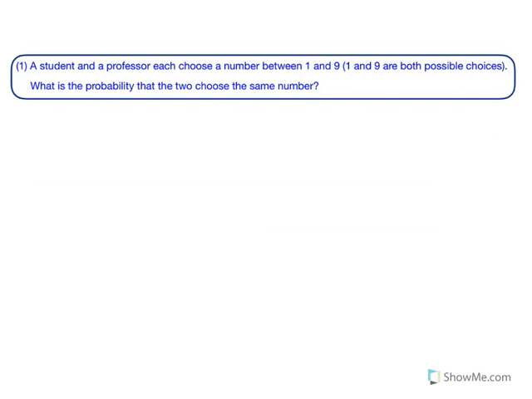The first one says that a student and the professor each choose a number between 1 and 9, and they are telling you that 1 and 9 are both possible choices. So it means that each of them can choose a number 1, 2, 3, 4, 5, 6, 7, 8, 9.